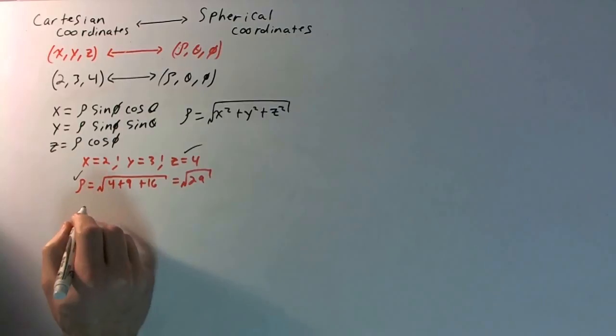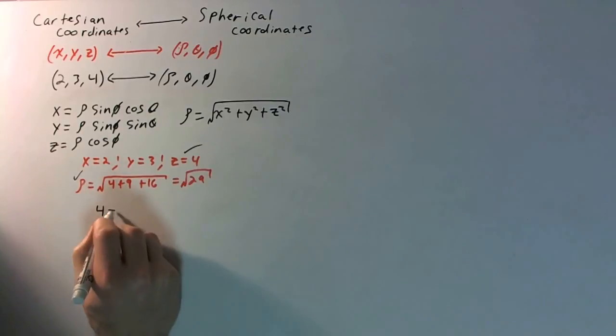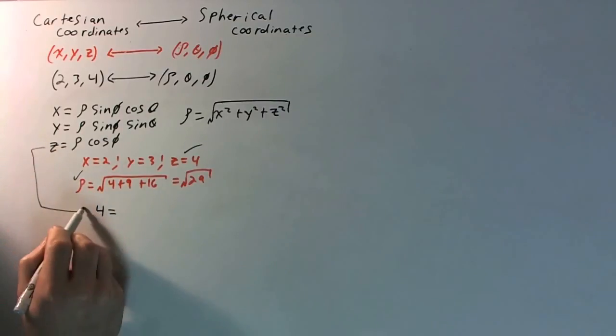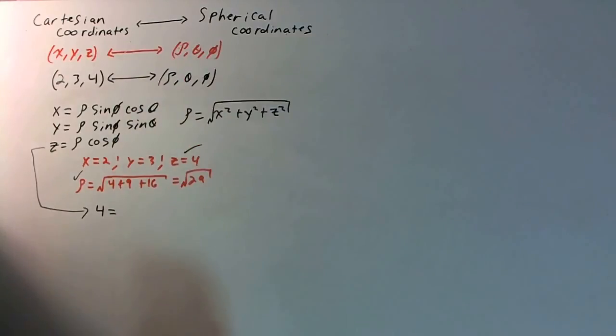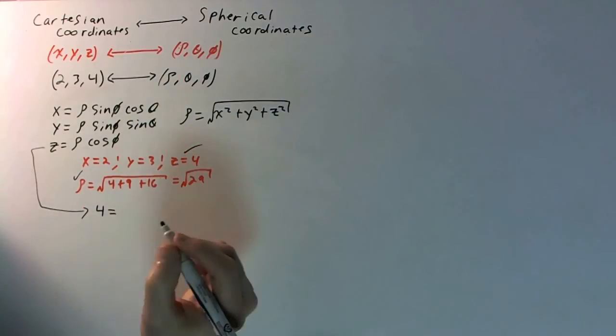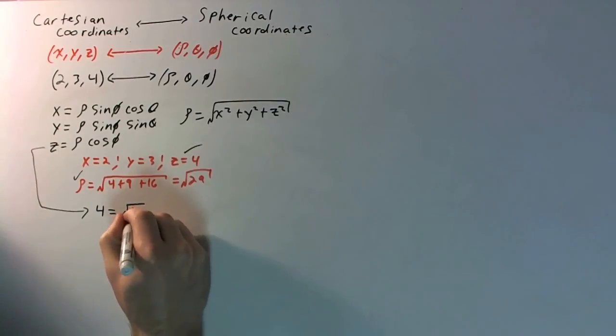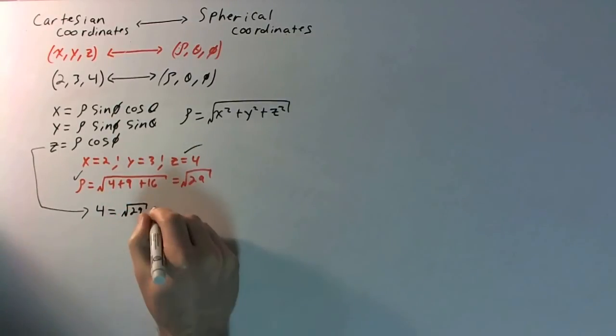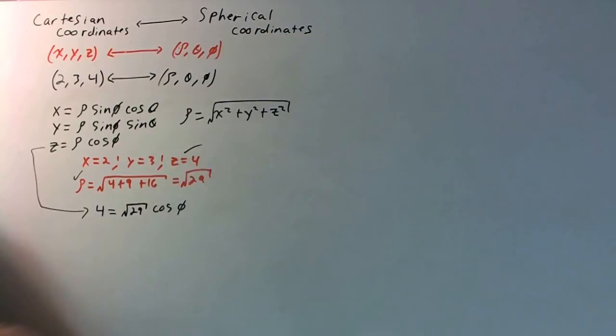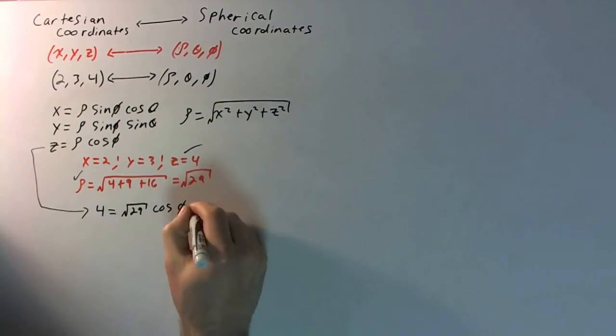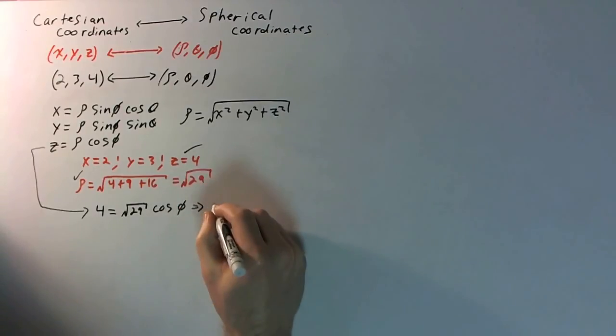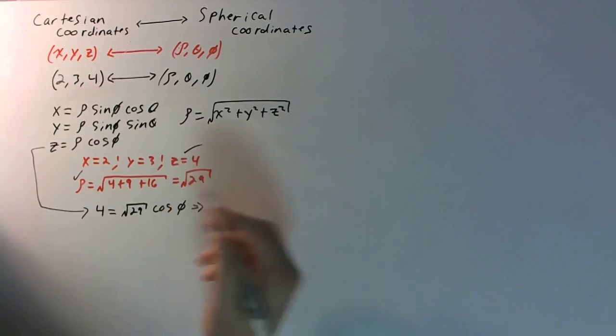Again, this is just plug and chug. 4 is going to be equal to the square root of 29 times the cosine of phi. So we'll divide both sides by the square root of 29, and then obviously take the inverse cosine, so I'm skipping 2 steps here.